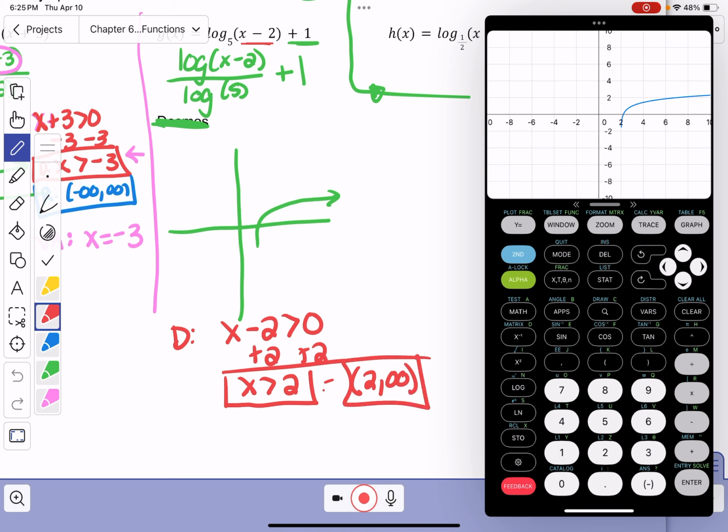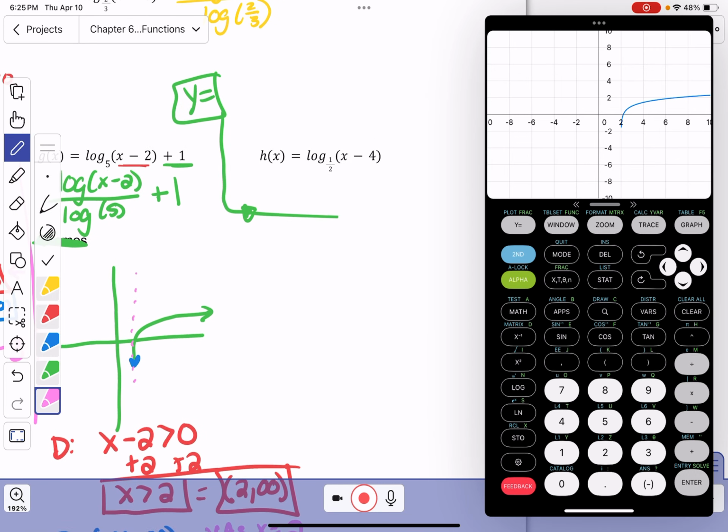Those are the same thing. The range is negative infinity to infinity. What that means is even though you don't see it on the calculator, this is an arrow and it does go down. And then our vertical asymptote is that line that it gets closer and closer to, which is based on our domain. So the vertical asymptote is x equals 2.